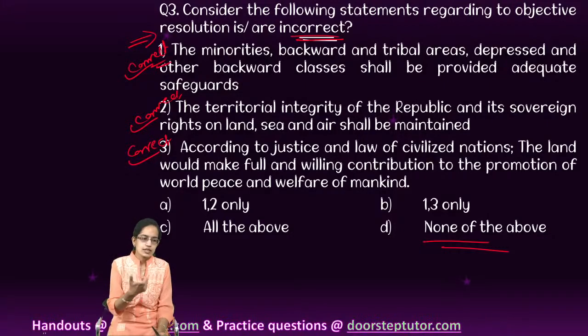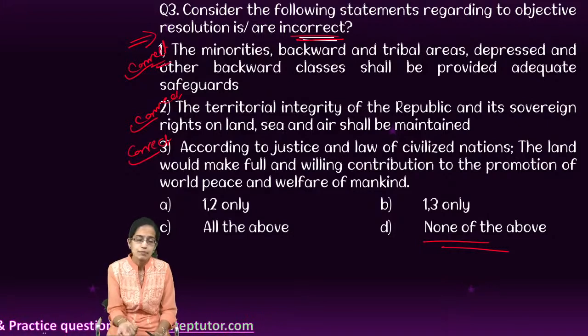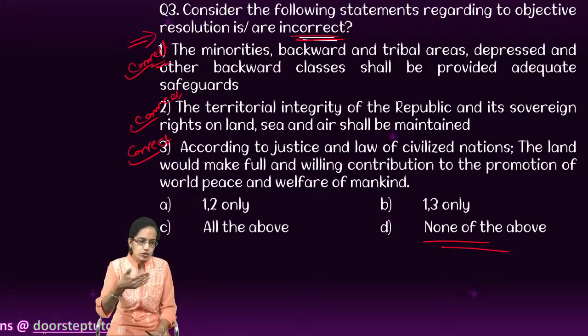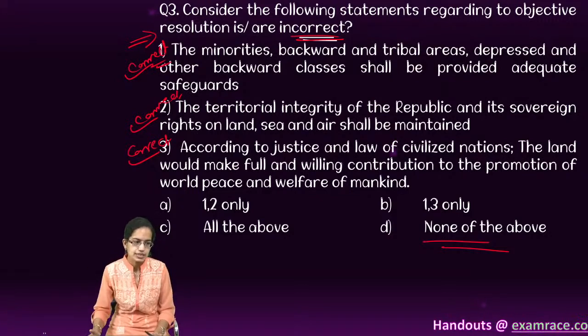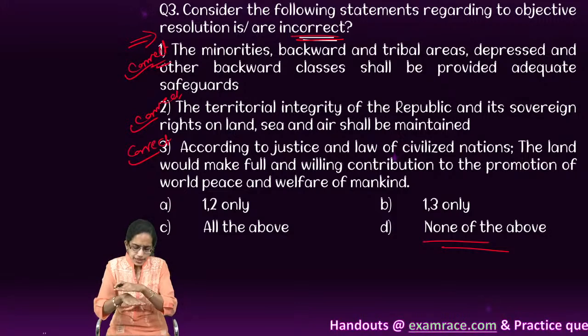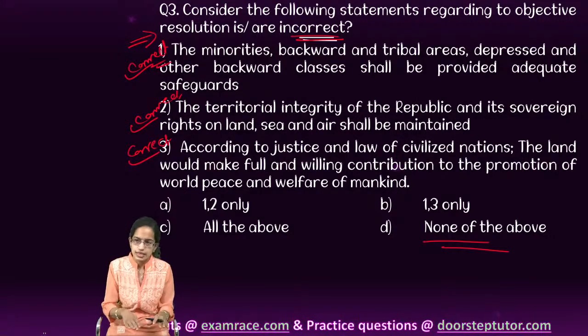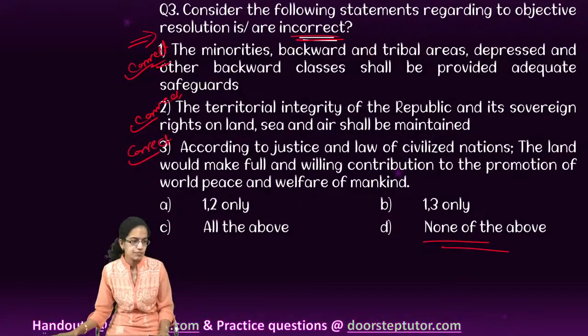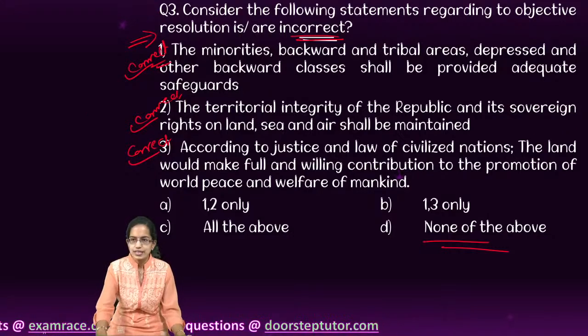We also say that all the powers of the sovereign and independent India and the Constitution shall flow from the people itself, so it would be a kind of democratic setup. And bringing social, economic and political justice for all is again important. So all three statements here would be the correct option. Correct. Okay, let's move on to the next question.